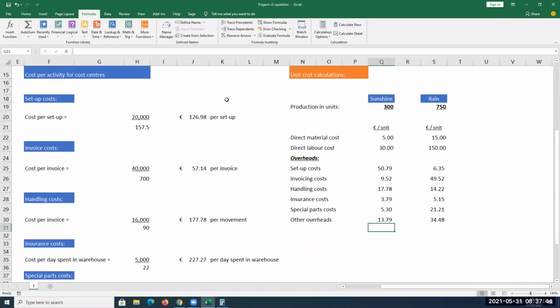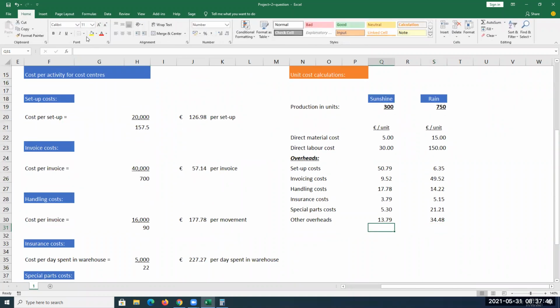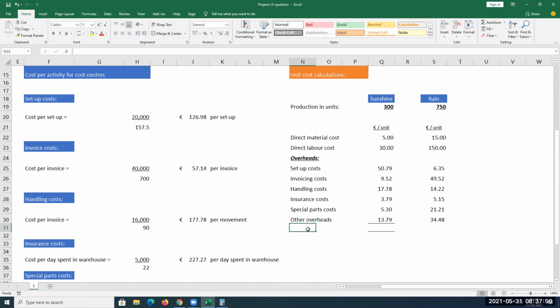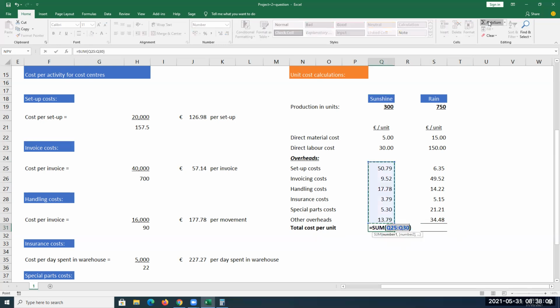So what is my total cost per unit? So this is the total cost per unit. Okay, now I can use AutoSum function and I can select these figures.